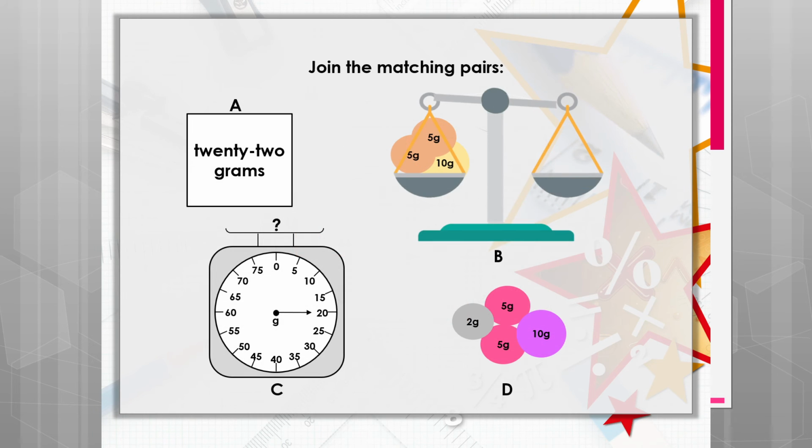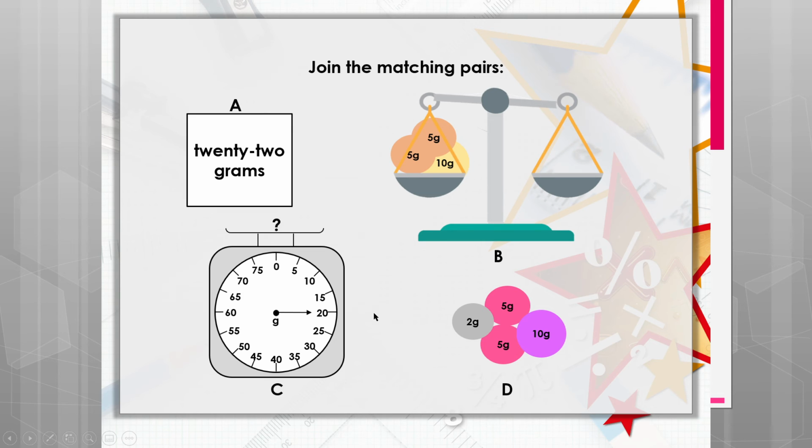Okay, now join the matching pairs. A, B, C, and D. 22 grams, you have to join it with C, D, or B. Choose your answer.